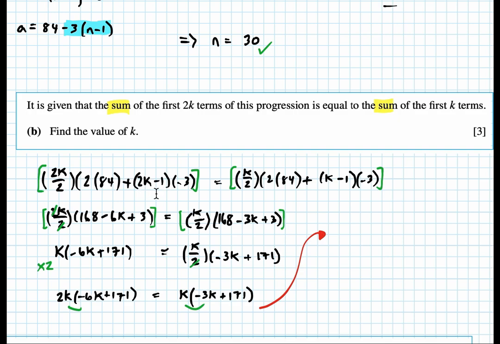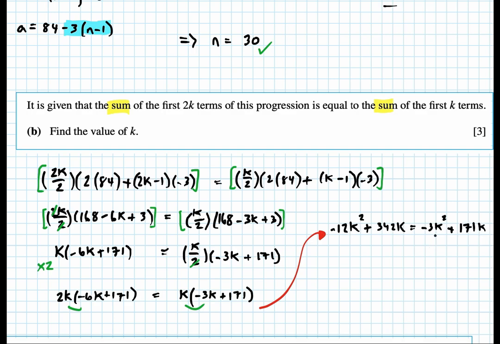I'm doing it in my head before I write it. Organize. Okay, minus 12k squared plus 342k is equal to minus 3k times k is k squared plus 171k.